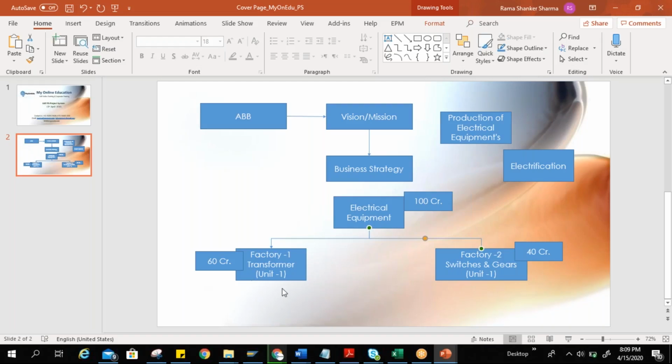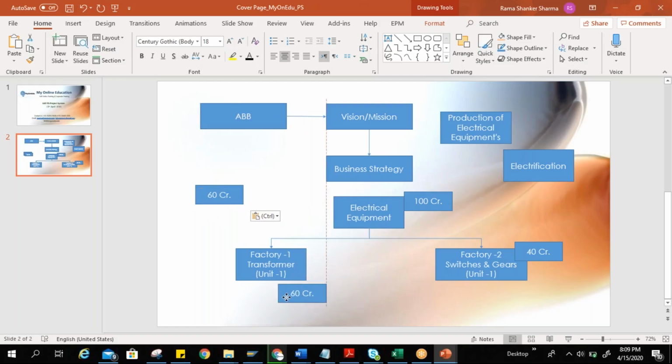For whatever requirement is there to complete a particular factory, I get the requirement directly from the factory manager who is taking care of establishing that factory, and based on that I understand the requirement and then approve it. So when I ask my manager who is responsible for establishing factory 1, he gives all the requirements in different formats. Let's say he says that I need to have one building.